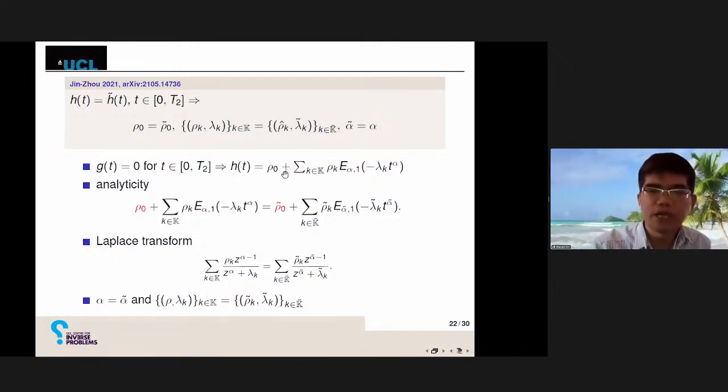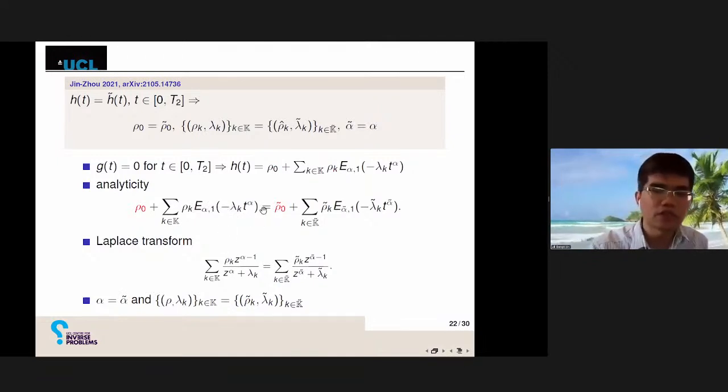Because we measure this quantity over some interval, and the function involved is analytic, we have these two functions equal to each other, and both of them are analytic. By the decay property, the constant terms must be equal to each other.